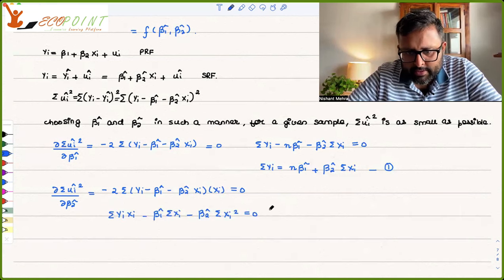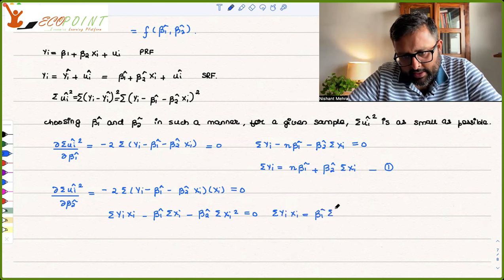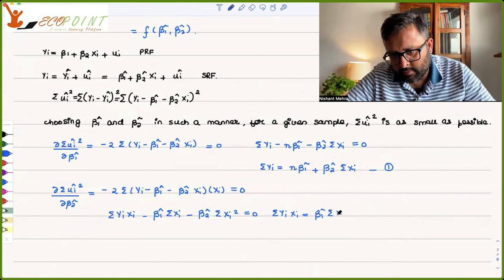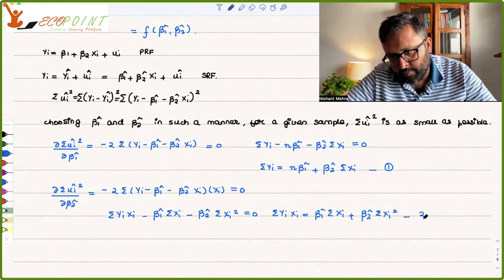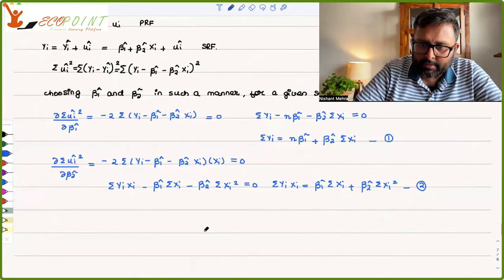So I can write this as summation of yi xi equals beta 1 hat summation xi plus beta 2 hat summation xi square, and we'll call this equation 2, right?